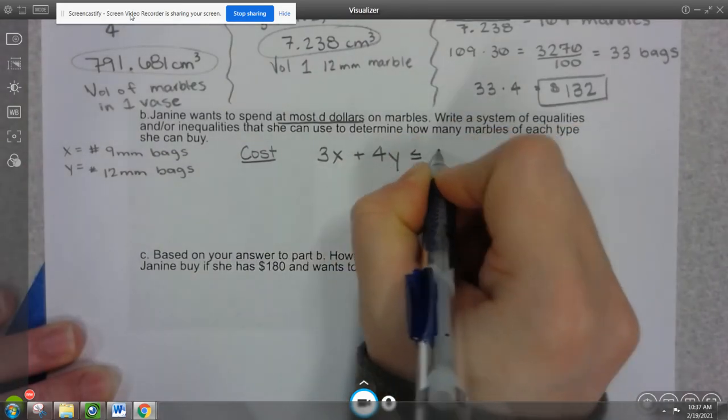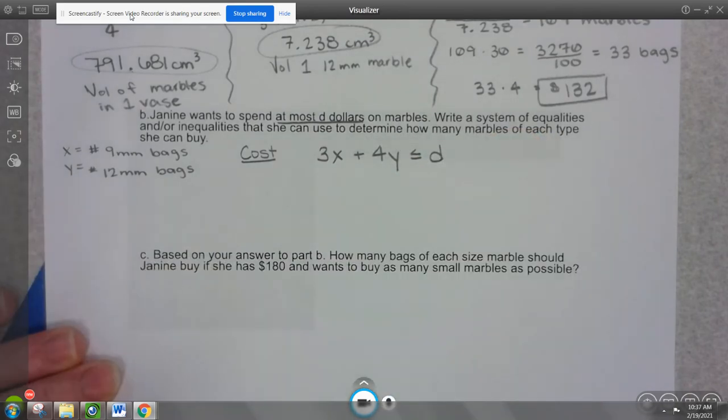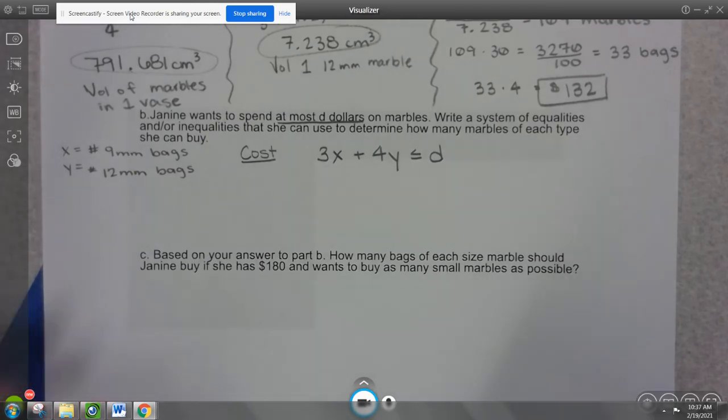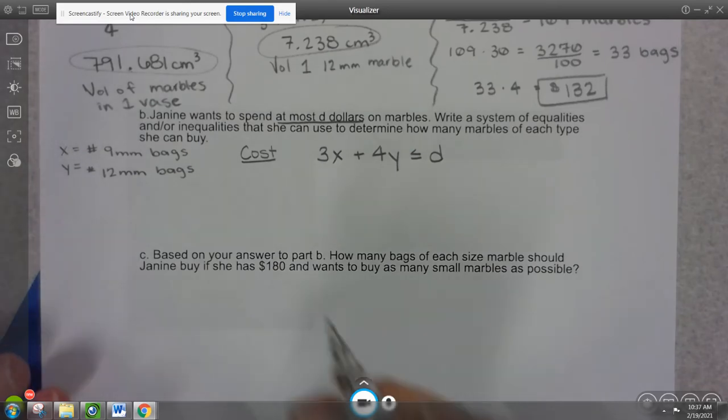And that has to be less than or equal to however much money we're going to spend. So that's my cost inequality. Now I also need to do this with volume because the cost and the volume, I have to find where both of those constraints are met. So ultimately, I'm going to have to graph this system of inequalities or equations.